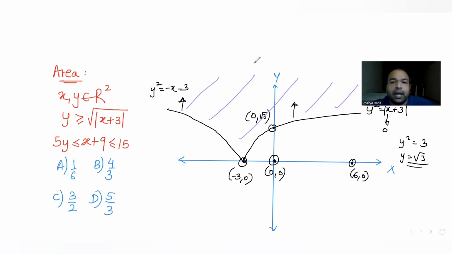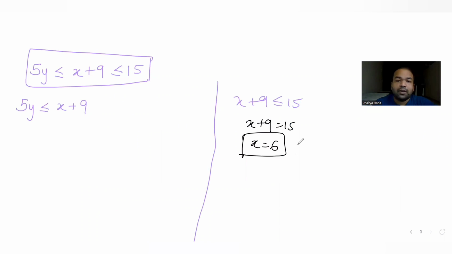So you get a line which is parallel to the y-axis because we have the equation x is equal to 6. So you get a straight line here. We have got that region also.